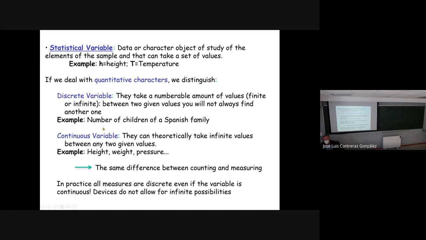Discrete ones map onto the natural numbers, and continuous ones map into the real numbers, either R1 or Rn. They can be one-dimensional variables or n-dimensional variables. We'll study in this course only one-dimensional variables, so things that map into R1.